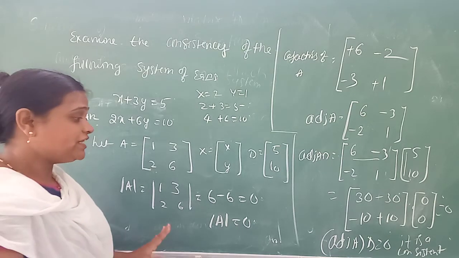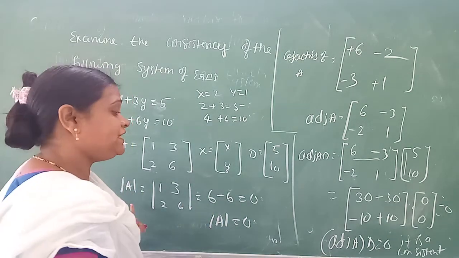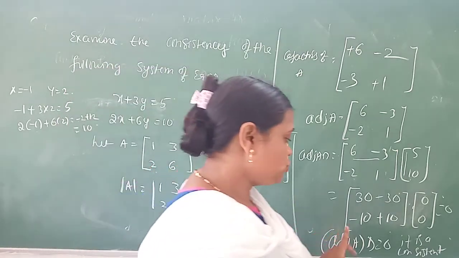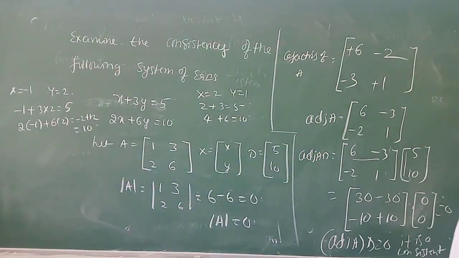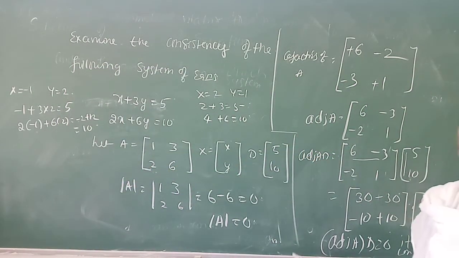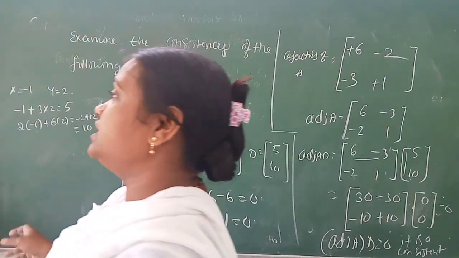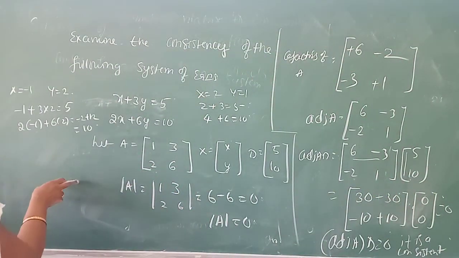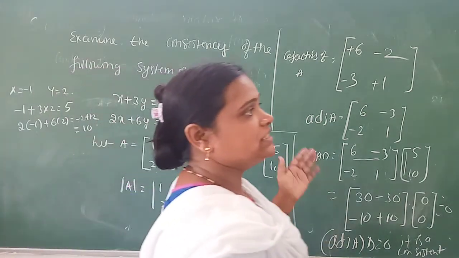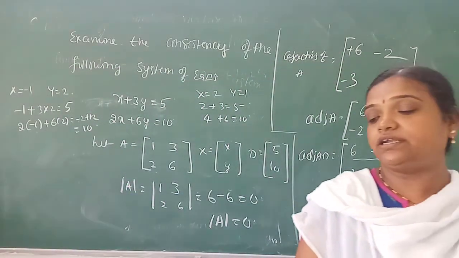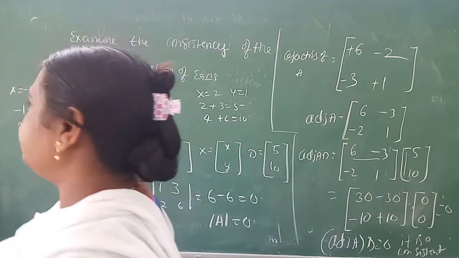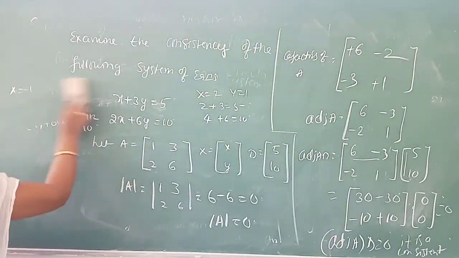Remember that if determinant A equal to 0 and adjoint A into D equal to 0, then we say the system of equations is consistent, but how many solutions? Infinitely many solutions. These are the 3 examples I solved based on the 3 conditions.